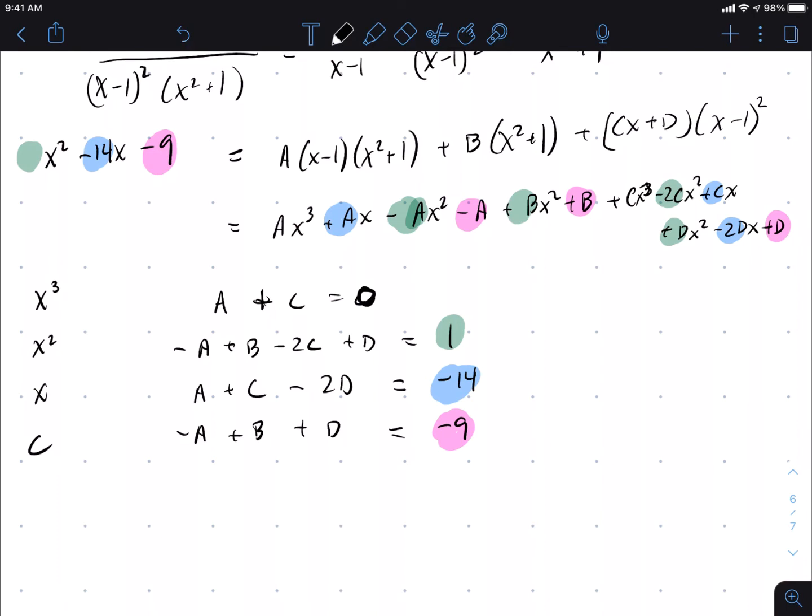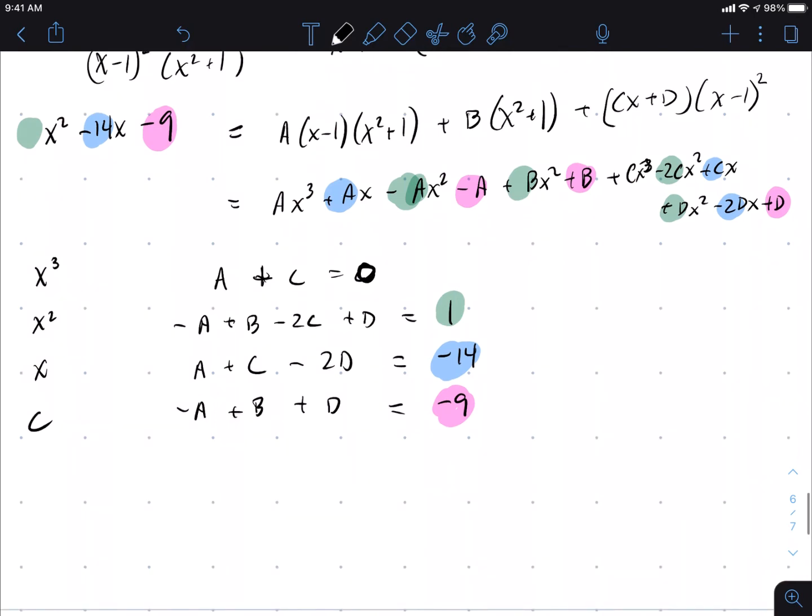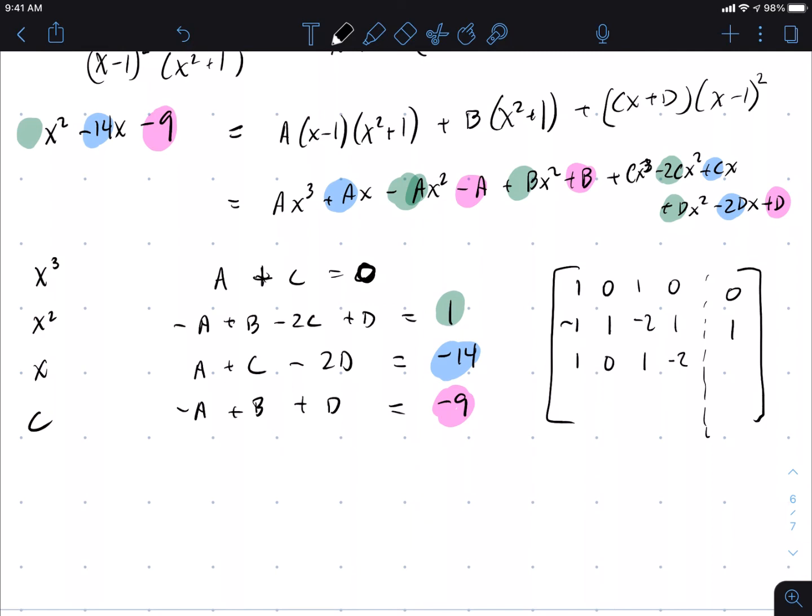Yep. And if you wanted to write it as a matrix, just so you guys can see, here's how it would be written. It'd be 1, 0, 1, 0, 0, negative 1, 1, negative 2, 1, 1, 1, 0, 1, negative 2, negative 14, then negative 1, 1, 0, 1, negative 9.